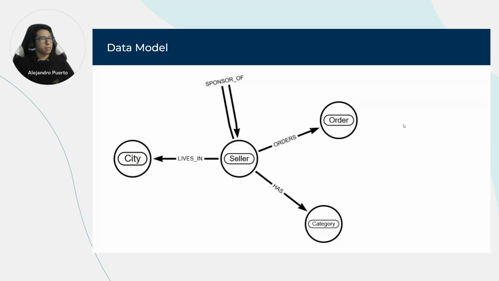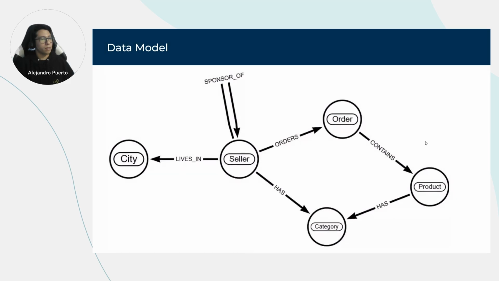And also sellers make orders of products. And an order contains products, and the products also have some category to identify some characteristics of the products.